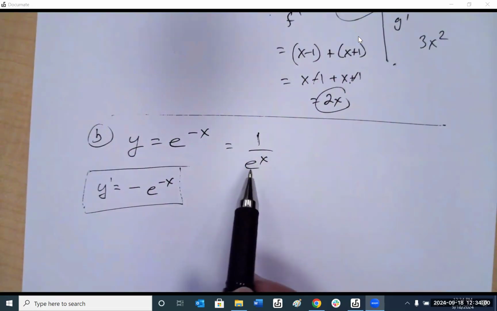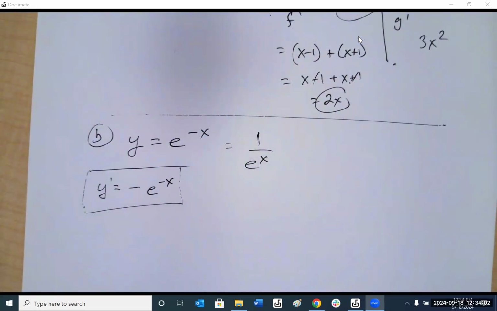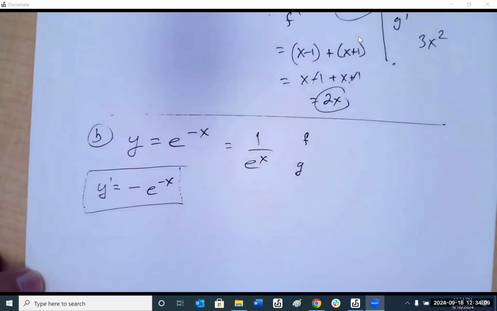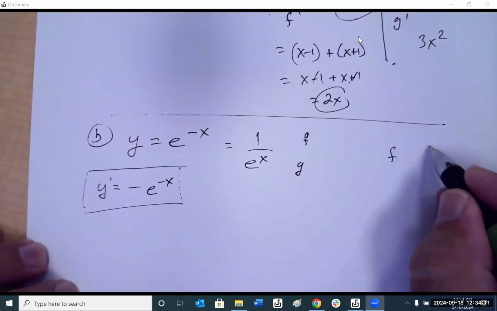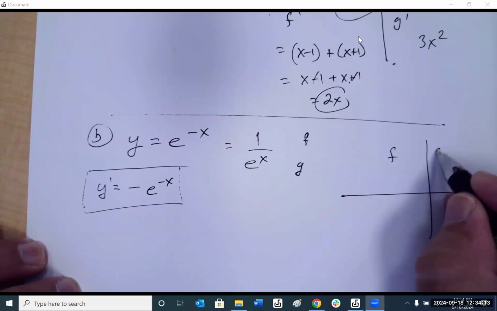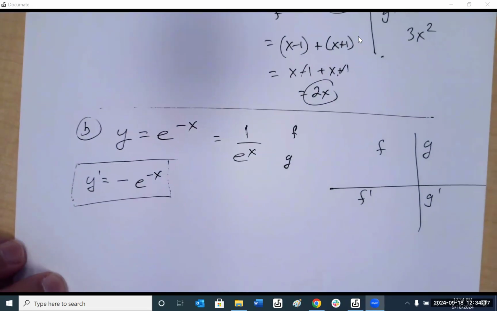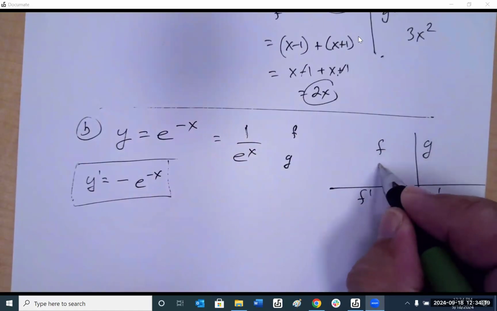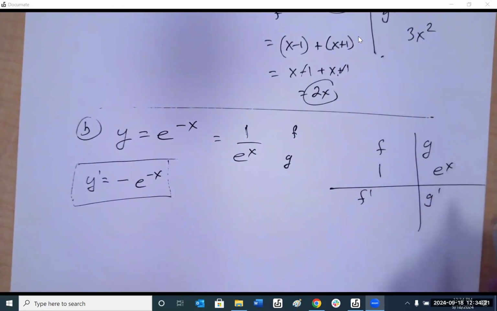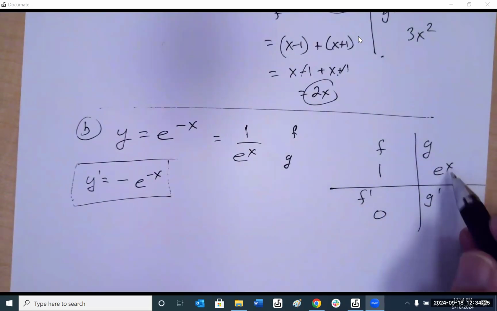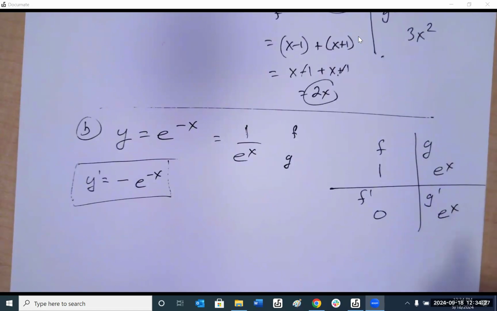But let's look at it if we use the quotient rule. I don't know why, but they want us to do that. This is f and this is g. f is 1, g is e to the x. The derivative of 1 is 0. The derivative of e to the x is e to the x.